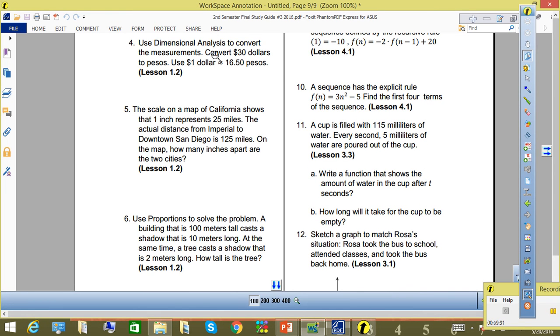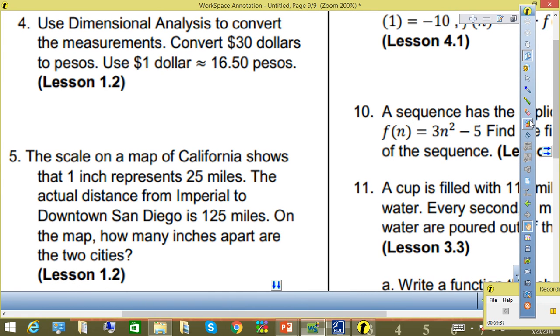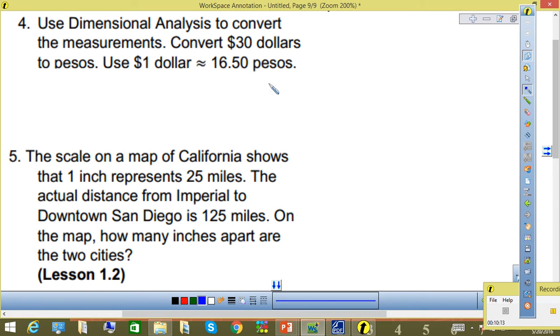I'm going to zoom in. It says, use dimensional analysis to convert measurements. Convert $30 to pesos. So here, check this out, guys. In order to save space and paper, look up.